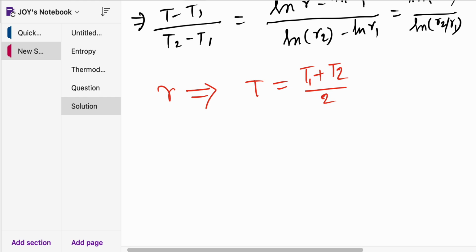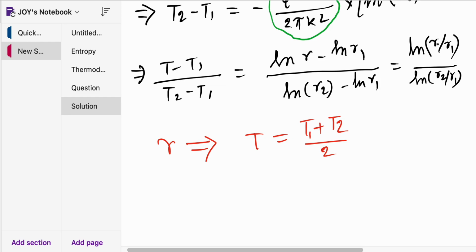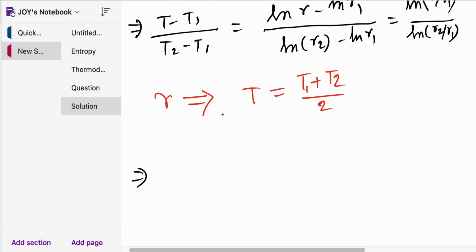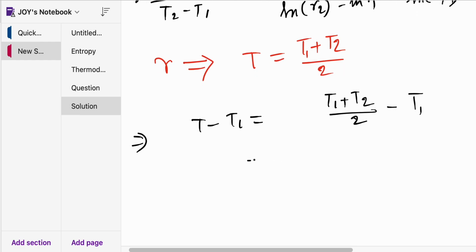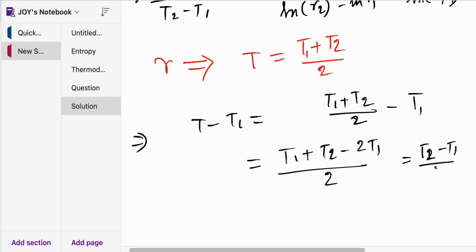So what we'll do, we'll just put T here and extract for what value of r it will satisfy. So T minus T1 will be T1 plus T2 by 2 minus T1, so T1 plus T2 minus 2T1 by 2, it is actually T2 minus T1 by 2.